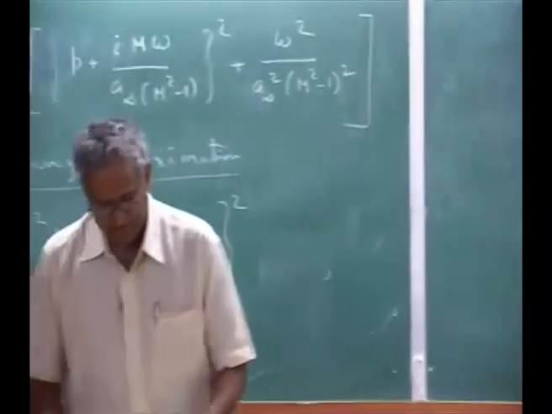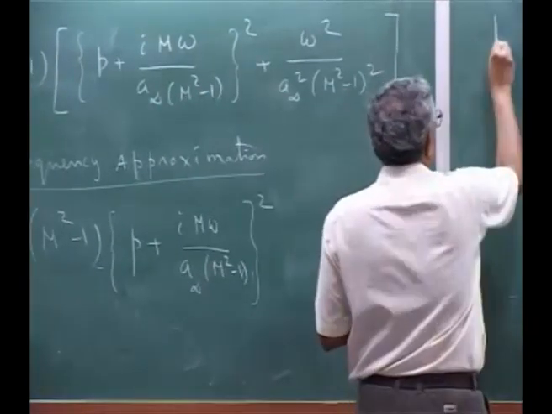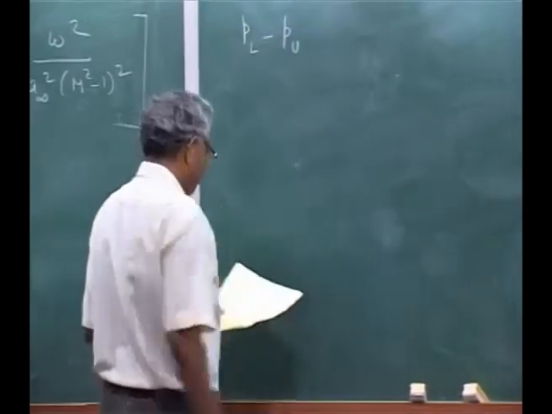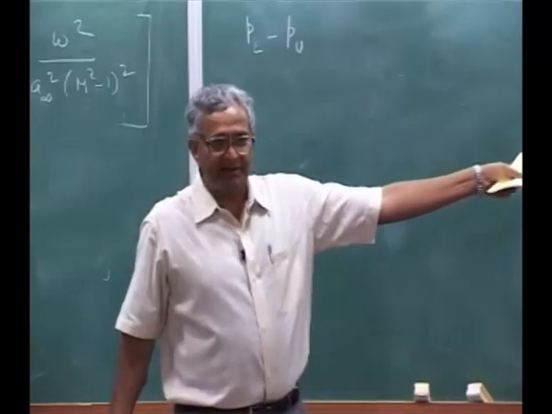Let us write P lower minus P upper. You will have e power I omega t, it will come.